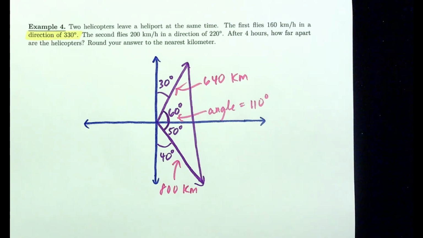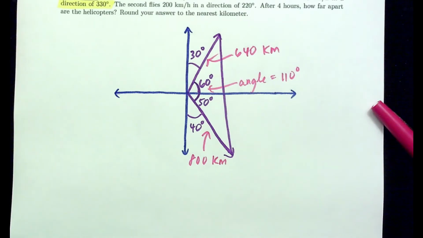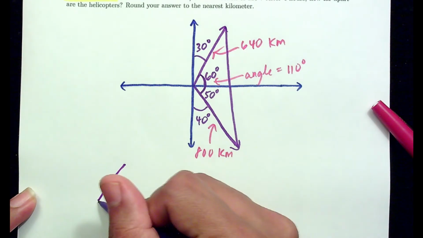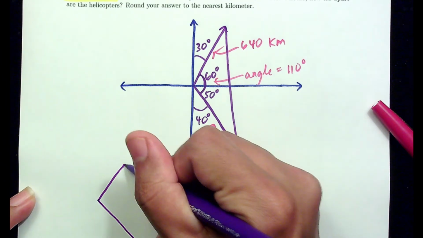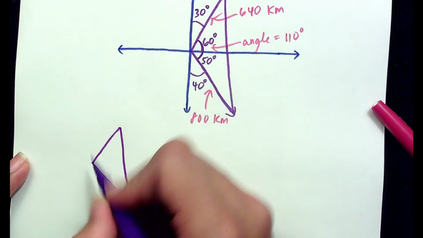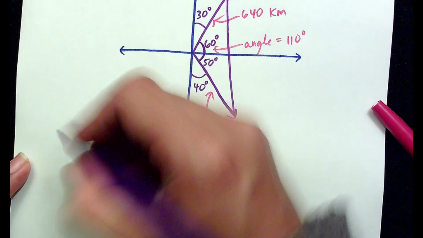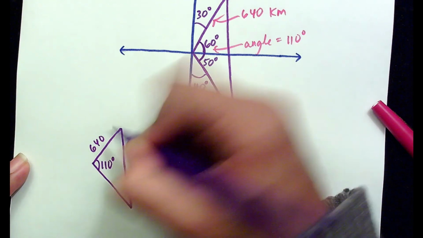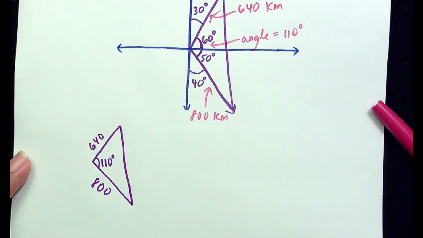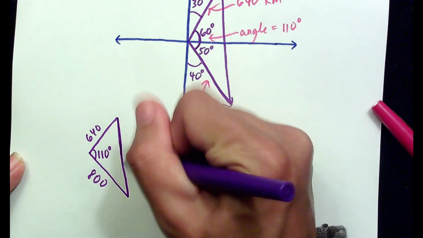Now I'm going to redraw this, but without all the clutter. What we really have is this triangle. This is 110, this is 640, and this is 800. And our goal is to figure out this side.